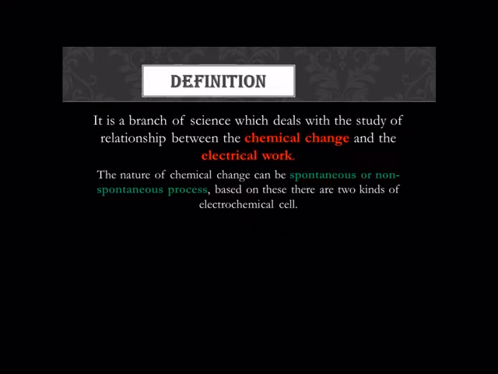And another kind of chemical process is the non-spontaneous process. These are processes which do not occur on their own. They require some external agent to undergo this kind of process. If you take an example like a mobile phone battery, when the battery is zero, it does not work on its own. You need to charge it.